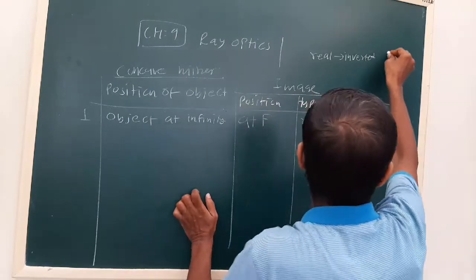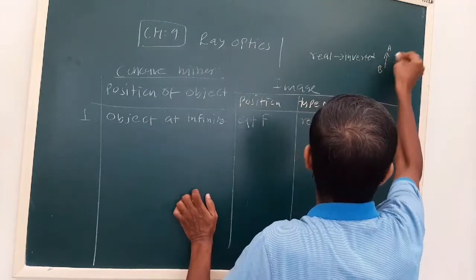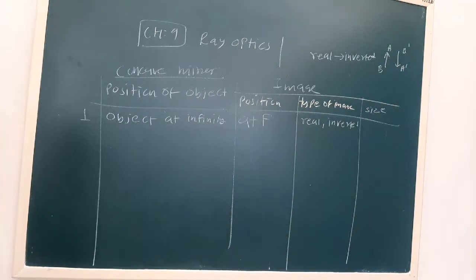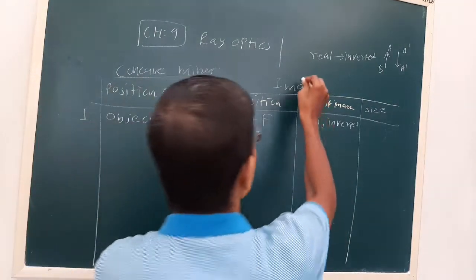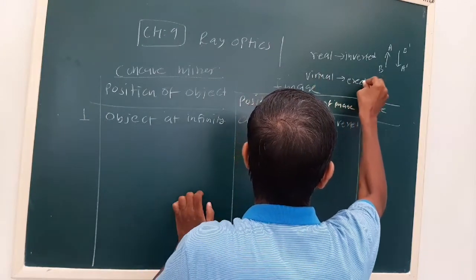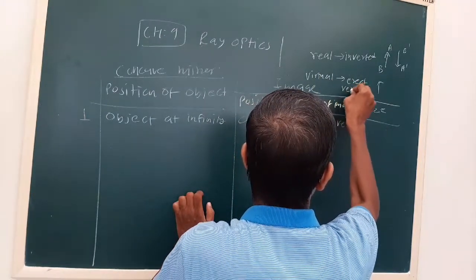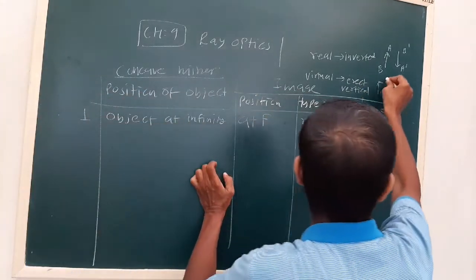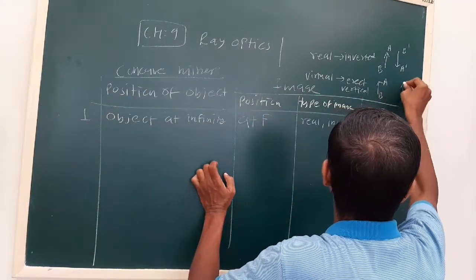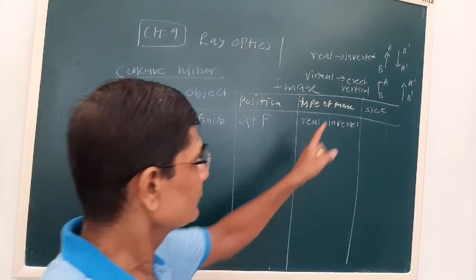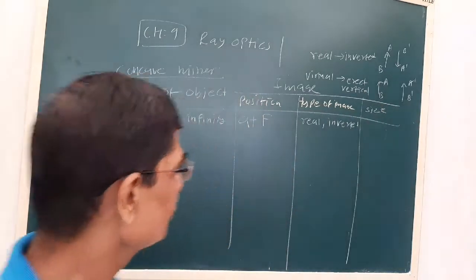What is inverted? The object is like this, AB. The image will be like this, that is inverted. And a virtual image is erect, or sometimes they call it vertical also. So suppose in a virtual image, AB is the object, the image will also be of the same type, that is vertical.